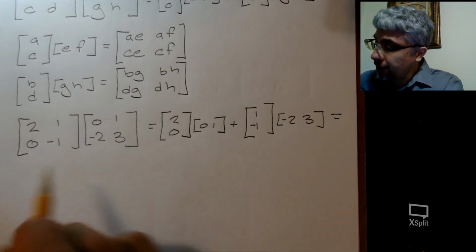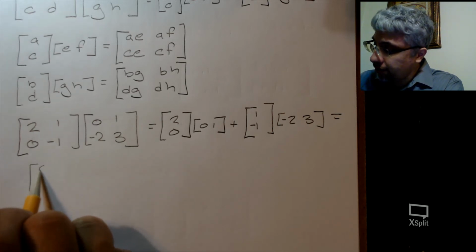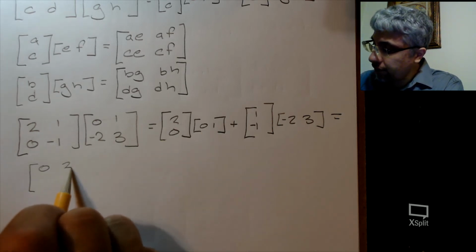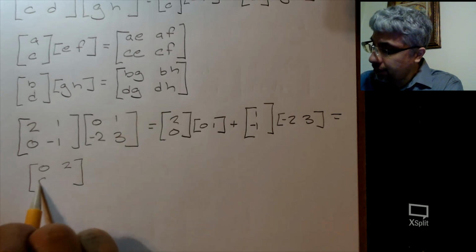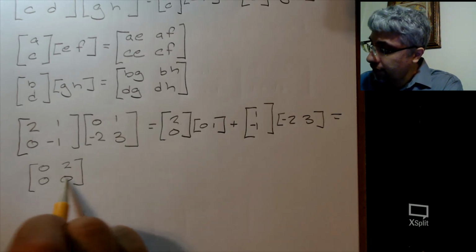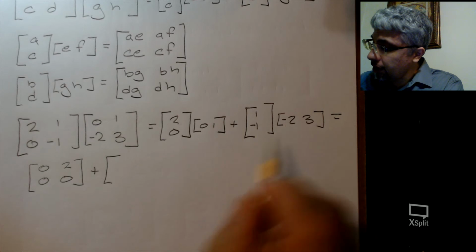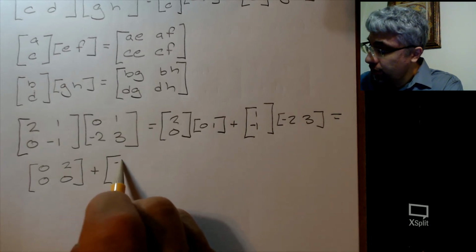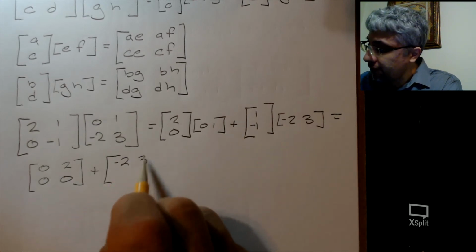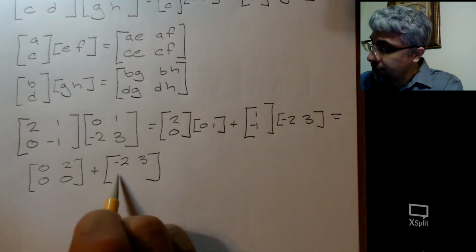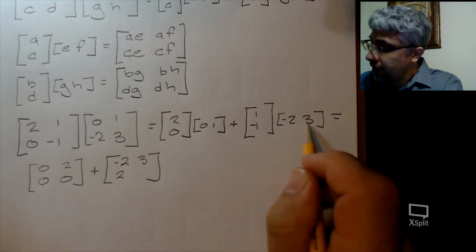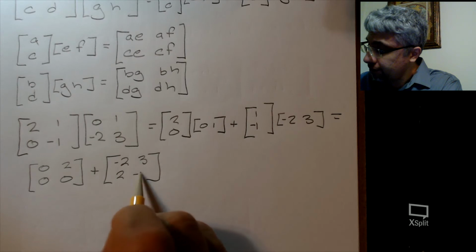Well, let's see. I'm going to get 2 times 0, 2 times 1, 0 times 0, and 0 times 1. And here I get 1 times minus 2, 1 times 3, minus 1 times minus 2, and minus 1 times 3.